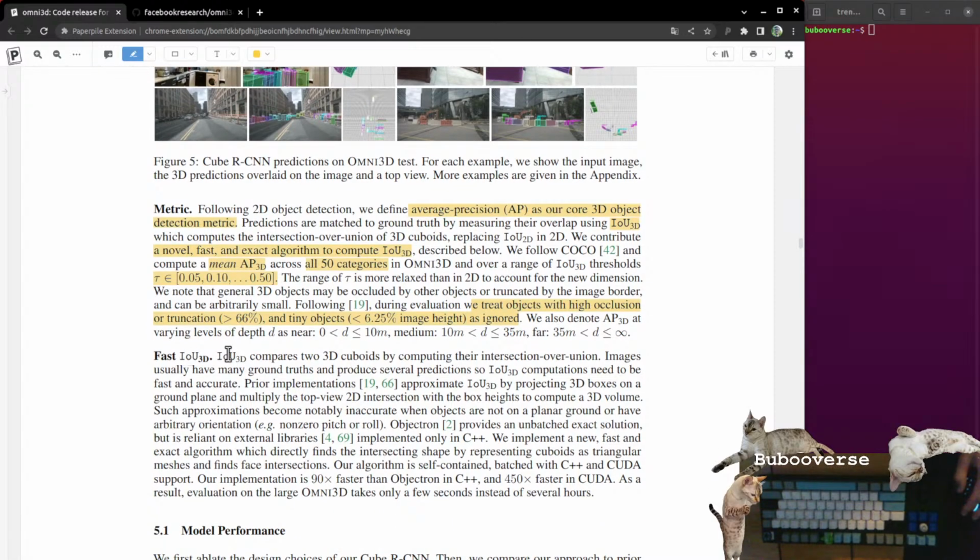Okay, let's see what their IOU 3D is. Prior implementations approximate IOU by projecting 3D boxes on a ground plane and multiplying the top view 2D intersection to compare 3D volume. Okay, this is their algorithm here. It represents cuboids as triangular meshes and finds face intersections.